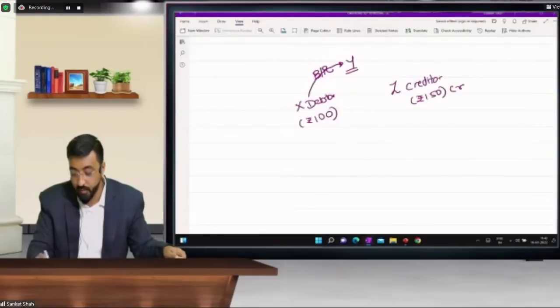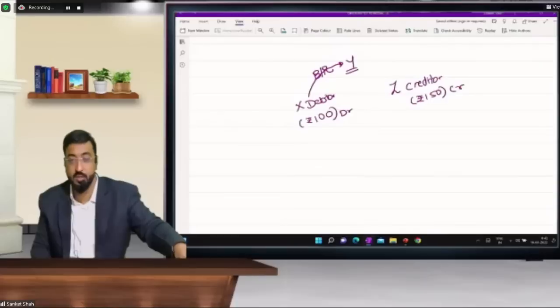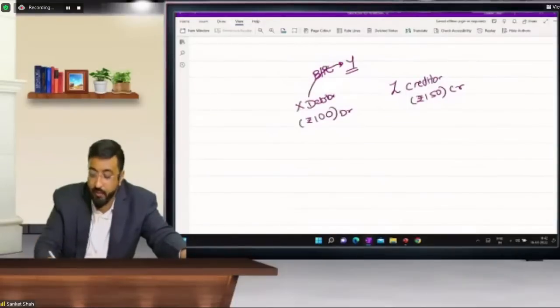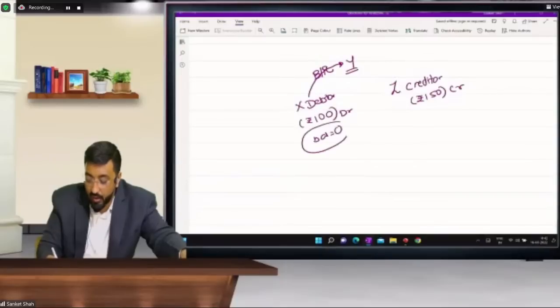Z is showing 150 rupees balance in my books. X is a debtor of 100, Y is a creditor of 150. I am taking bill from X. So when I am getting bill, X balance becomes 0, and bill is with me. So 100 rupees balance is with me.